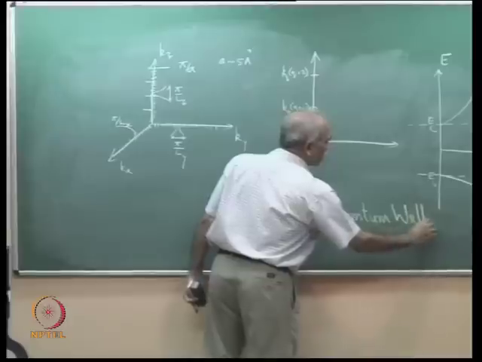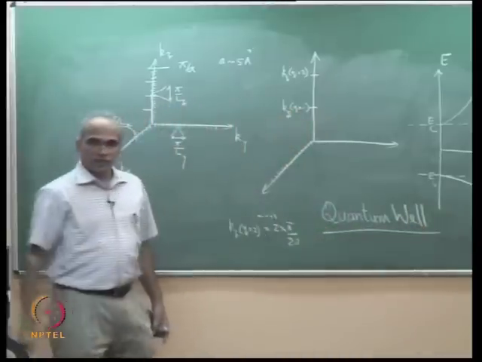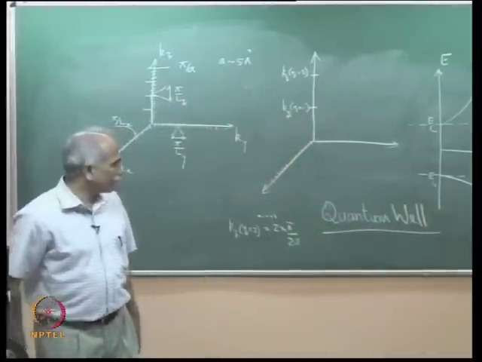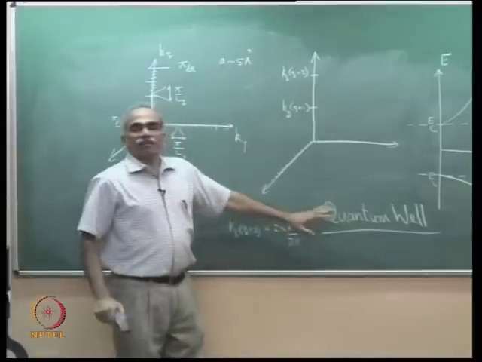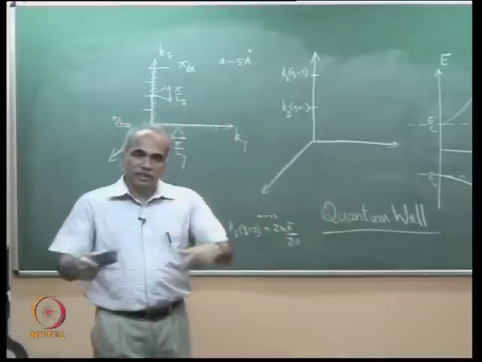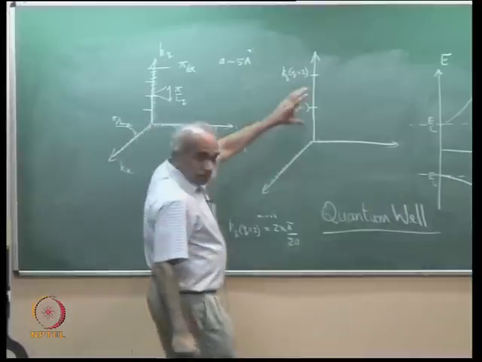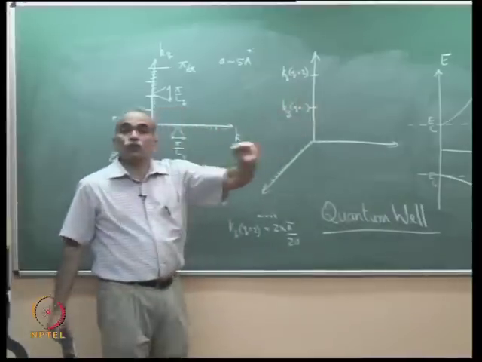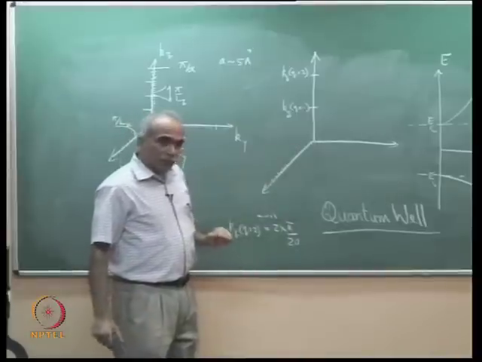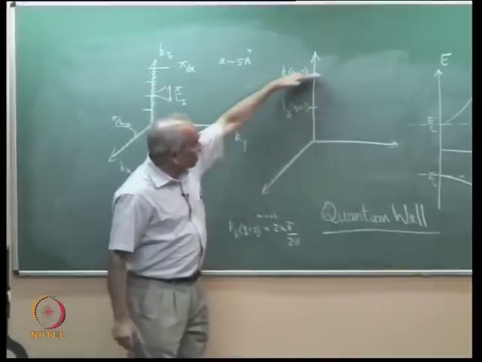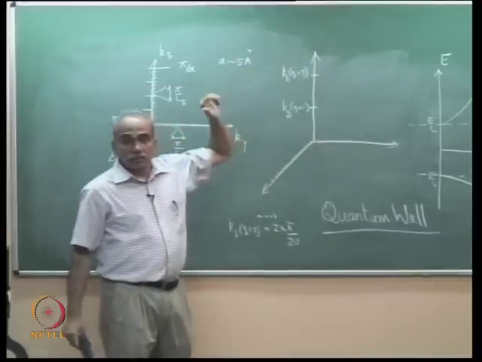We will discuss this in detail, a topic which comes slightly later, but at this point you assume that it is a quantum well. So this thin sheet corresponds to a quantum well, as we will see, but the important point to see is K values are highly discretized.